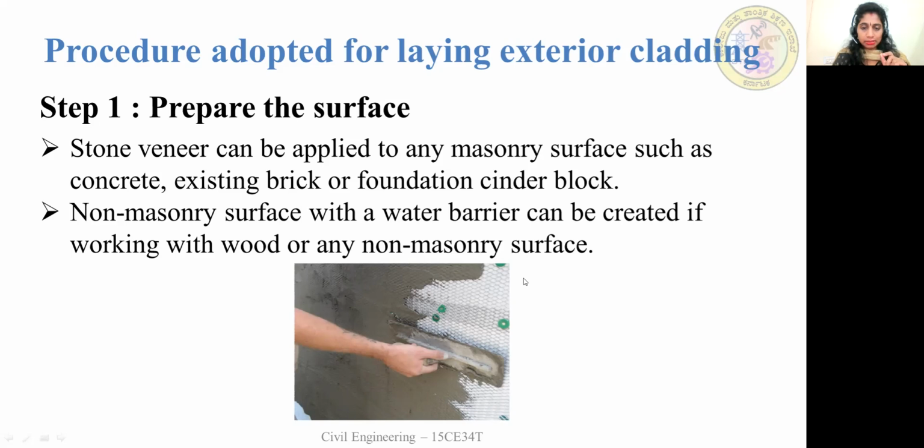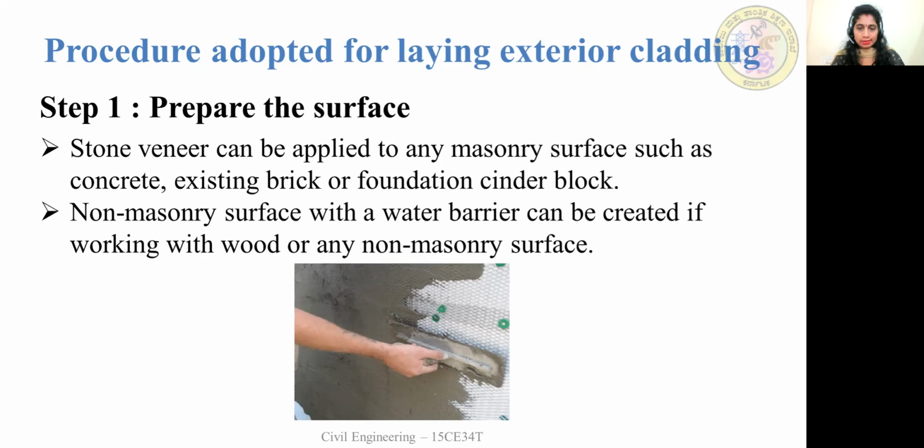Stone veneer means a small thickness, thin layer of stone piece, which is used for the cladding work. If you are applying cladding for a wood or non-masonry surface, like clay bricks, then that is not 100% waterproof.